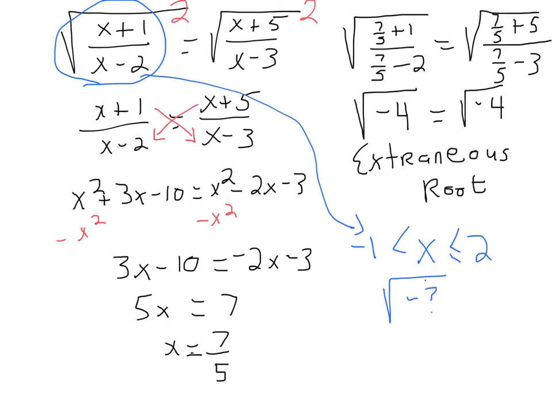And there's a similar argument for the right side. Now, if x happens to equal 7/5, well then that falls between a negative 1 and 2, and therefore you're going to end up with the square root of some negative number, hence giving you this extraneous root.